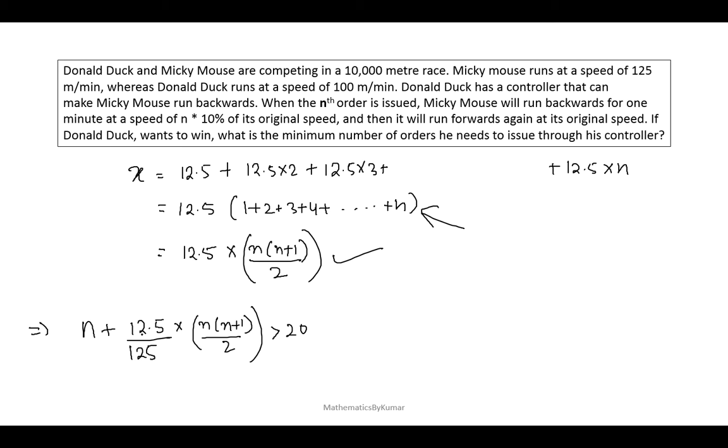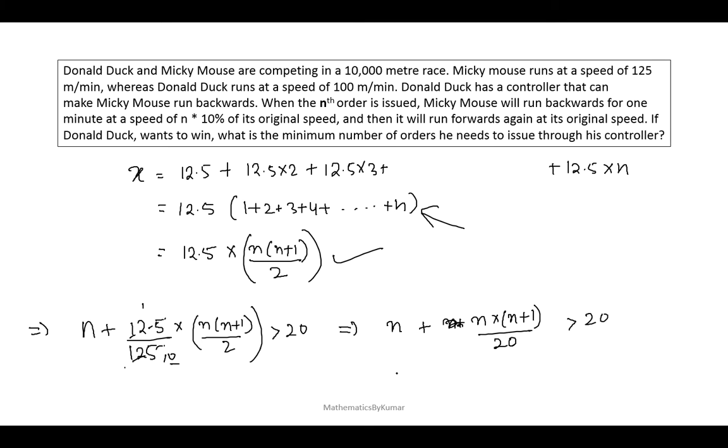So I'll do a little simplification. This I know can cancel out as a ratio of 1 by 10. So what I'm getting eventually is n plus n into n plus 1 over 20 is greater than 20, since 10 and 2 multiplied is 20.